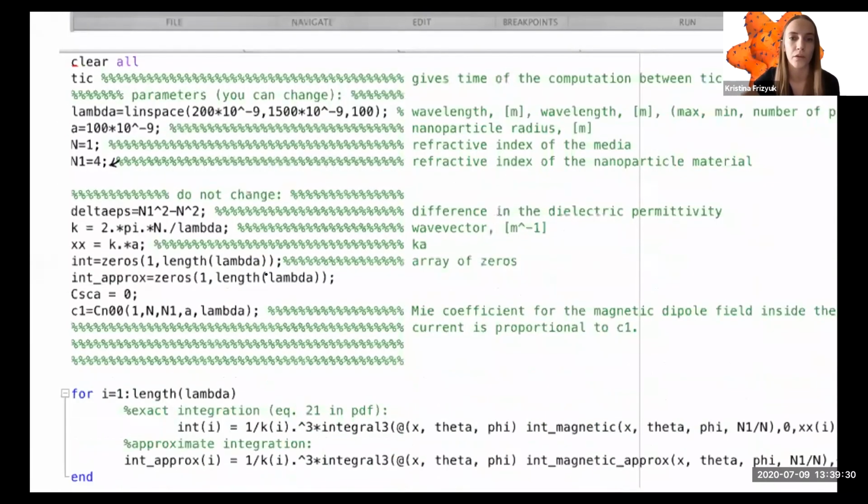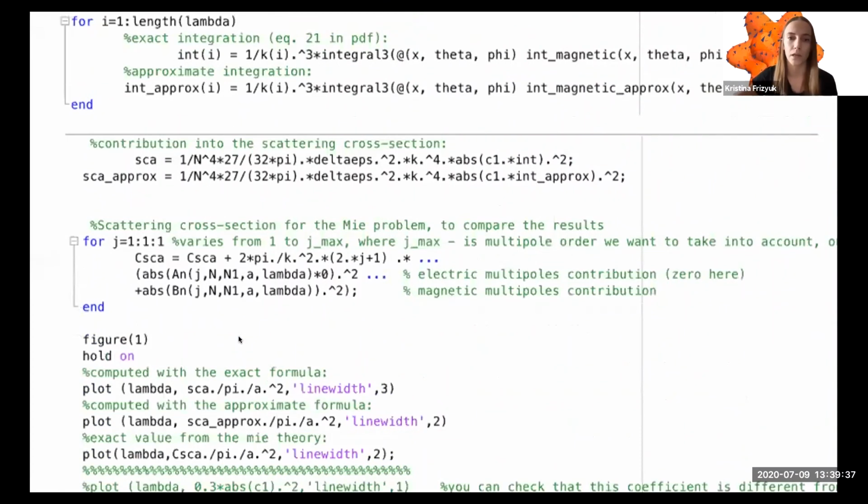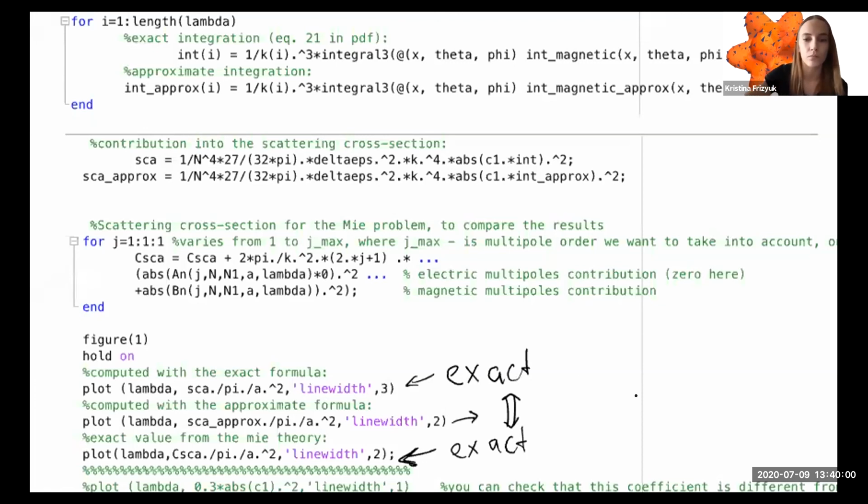Also you can compare with Mie scattering using the Mie calculator, but it is optional, because here it just plots an exact result to compare, and these should be equal to each other. And this will not be equal, and maybe I will try to start a poll one more time.